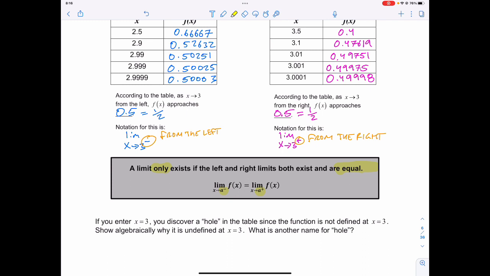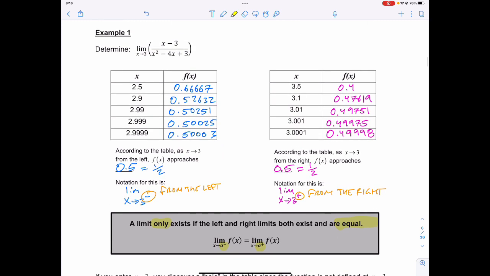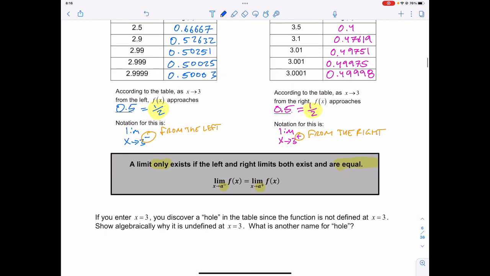In this case, if x approaches 3 from the negative and x approaches 3 from the positive, I wind up with the exact same value, then that means that for this function, we can state that the limit as x approaches 3 of f of x is in fact 0.5 or 1/2.